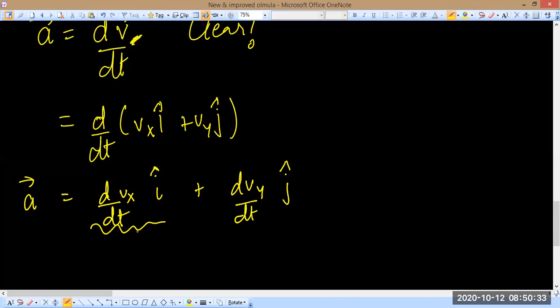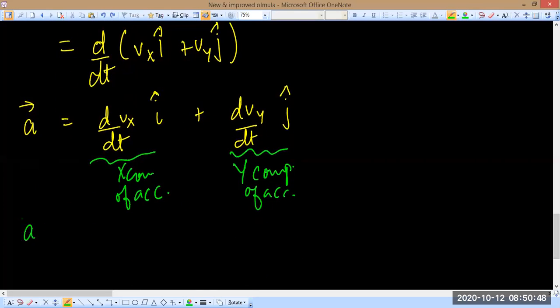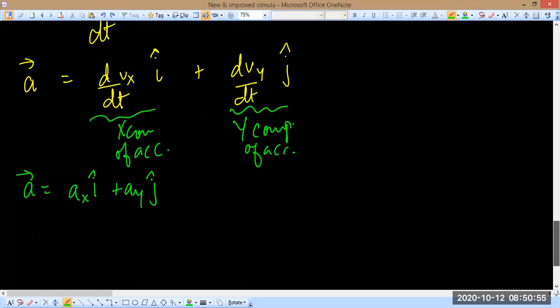This is x component, right? This is x component of what? Of acceleration. And this is y component of acceleration, right? So if I want to compare, once again, this is going to be this, right? Ax, ay, okay? Ax for x component, ay for y component.